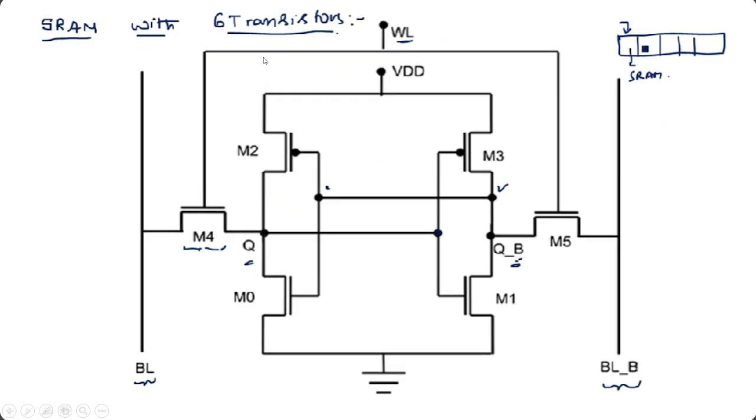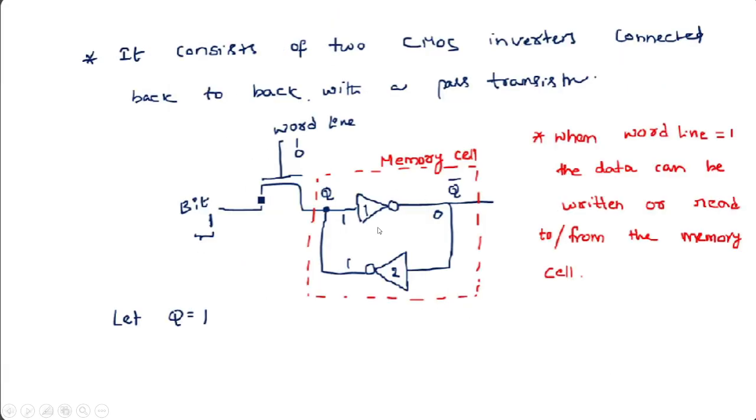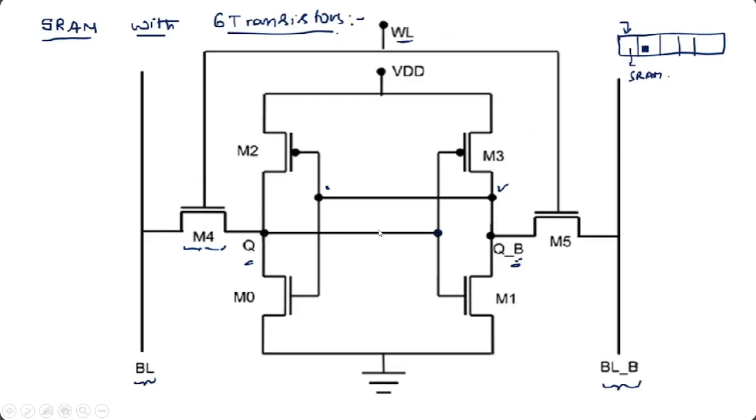So this is the basic 6T SRAM cell. These two inverters are constructed with CMOS circuits, PMOS as pull up and NMOS as pull down.